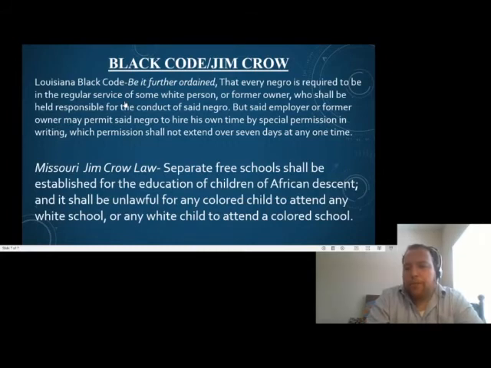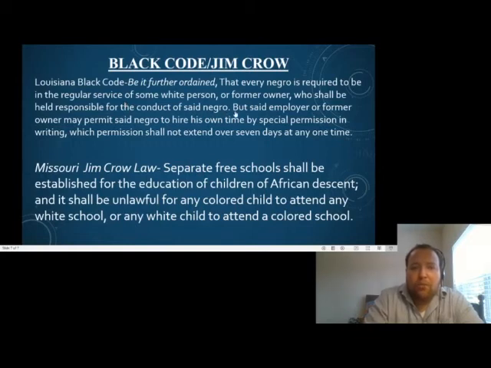So an African American is walking down the street, a cop stops him and says, "What are you doing here? Why are you walking this way? Where are you going?" And it was expected that they had to have a good answer. Like, "I'm going to work. I work on the corner of 5th and 6th Street. That's why I'm walking this direction." If they didn't, they could face legal repercussions. They could be arrested. They could be thrown in jail.